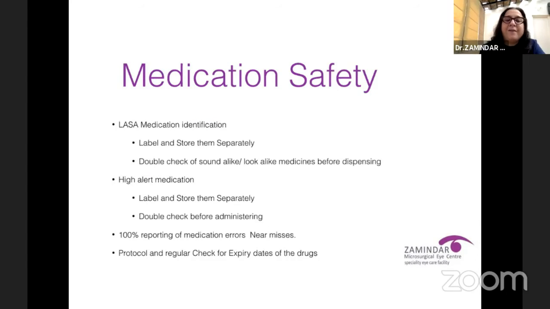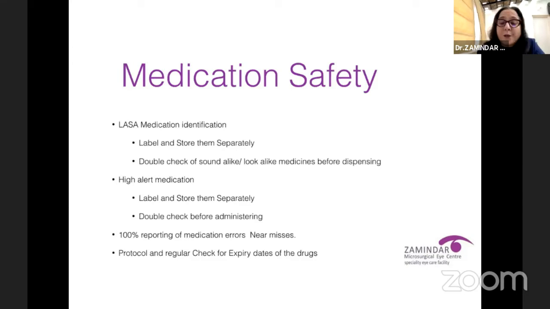Medication safety, very important. LASA medication identification, labeling them and storing them separately, especially those medicines which are a part of your emergency drugs. High alert medications, again, label them and store them separately. 100% reporting of medication errors, including near misses, is very important.